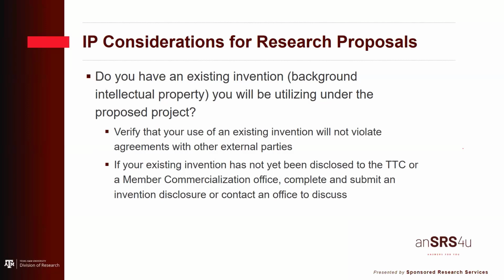First of all, you want to make sure that if you have an invention, it's not something that already has some type of obligations to another party. Obviously, if it's something that's been disclosed to our office and potentially has been conveyed rights to a company outside through a license agreement, then you may have the ability to use it for research in another research project.